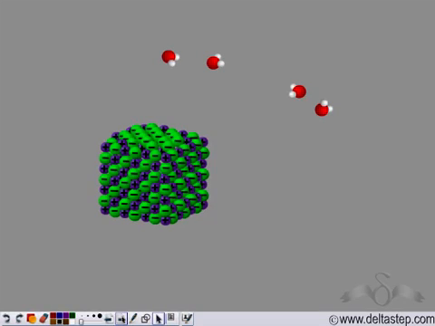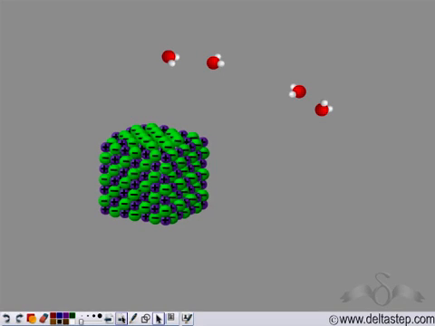How do they separate out? Let's see. Now these are water molecules. In water molecules, you know it is H2O. Oxygen is more electronegative than hydrogen, so oxygen attracts the shared pair of electrons more towards itself. So the oxygen end is slightly negative and the hydrogen end is slightly positive in nature.